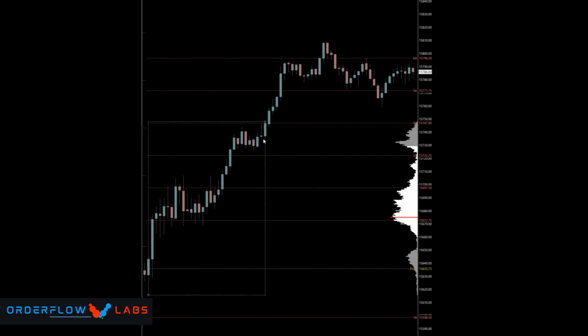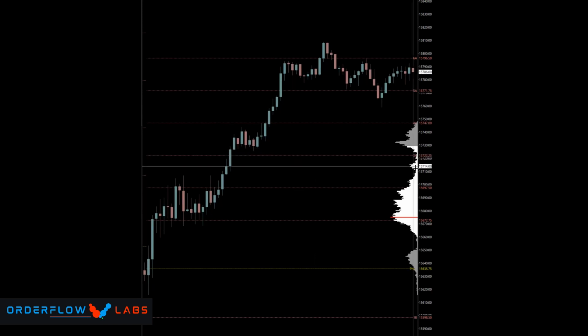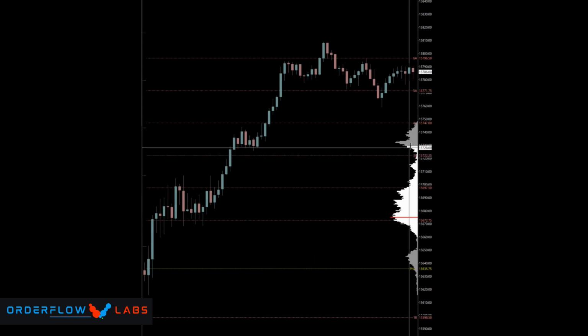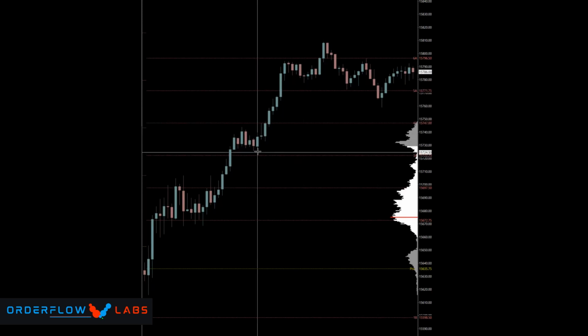At this point, you know that this auction is not going to turn south until it breaches that low volume area and seeks a distribution below it. So it's going to be rotating here and respecting this range of this 722, pushing until that final exhaustion occurs.